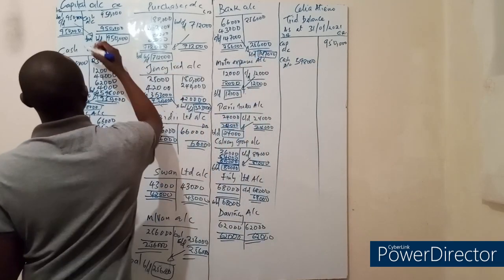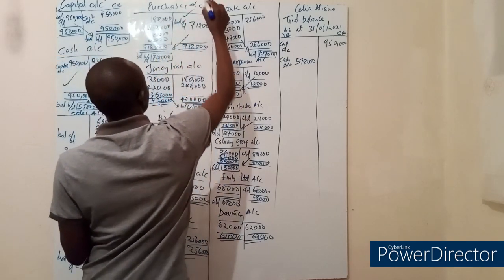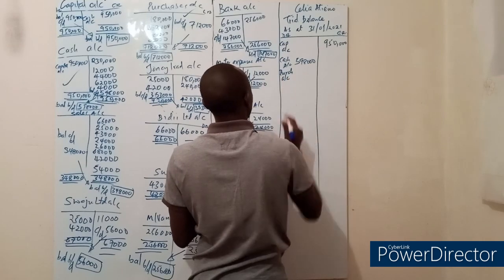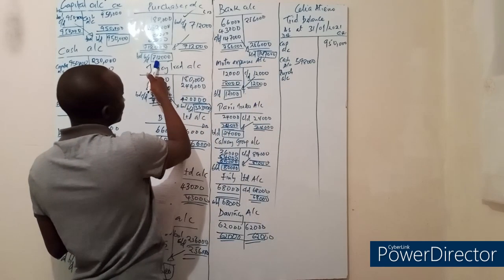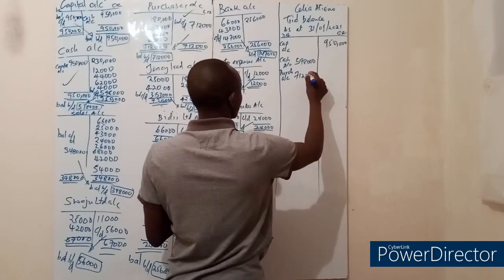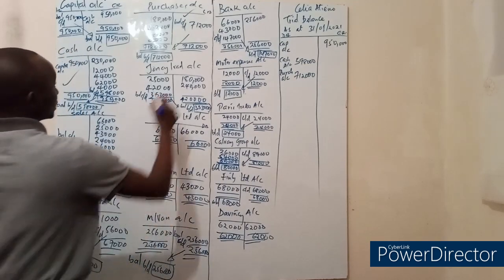Then you're done with cash. Let's move to purchases. So write purchases. Purchase account, it's debit side of 712,000. Then we have another account is Jonesy.